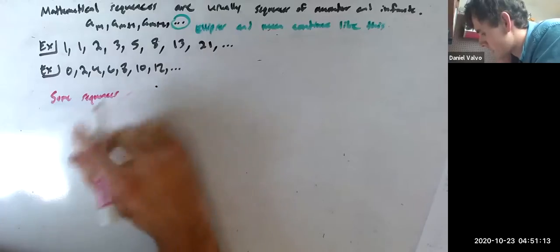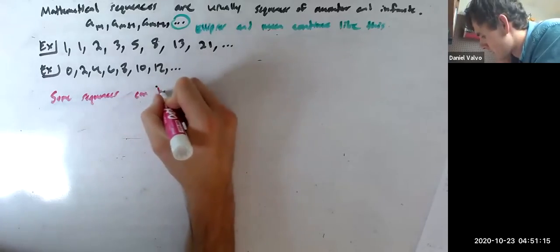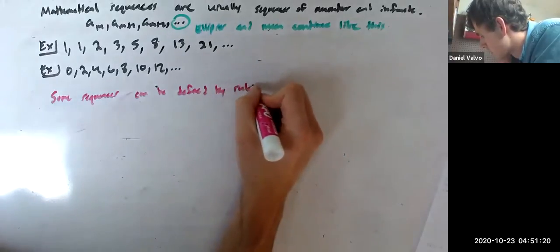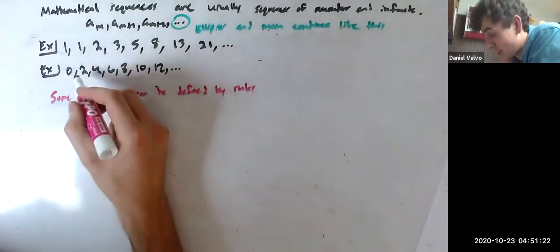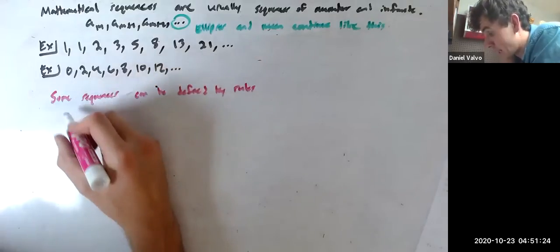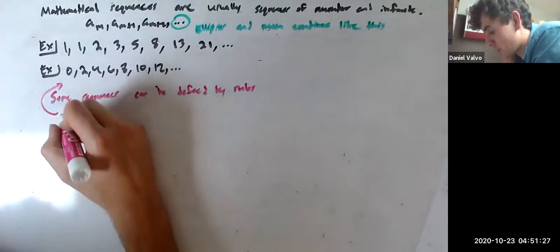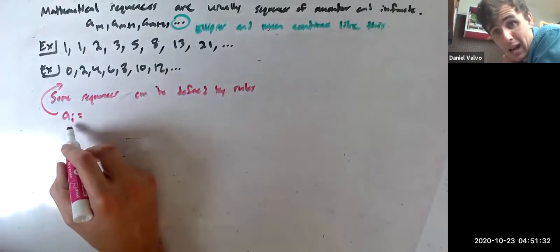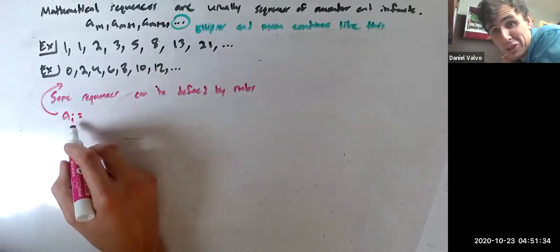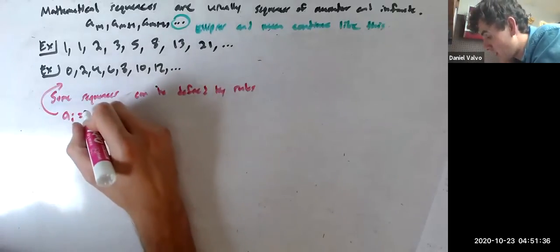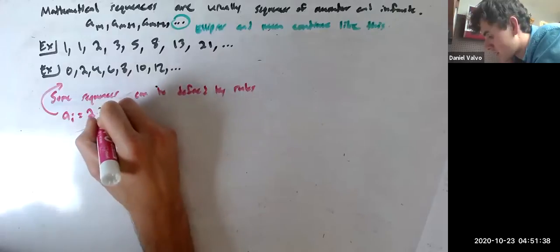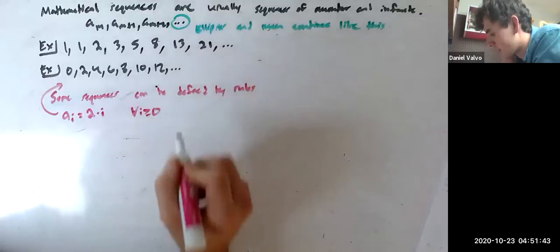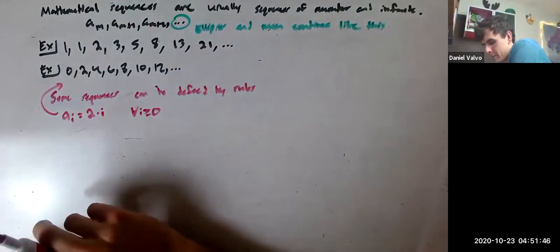Sequences can be defined by rules. For example, this one above would be the sequence A with subscript I, with index I, so the ith element here equals 2 times I for all I greater than or equal to 0.